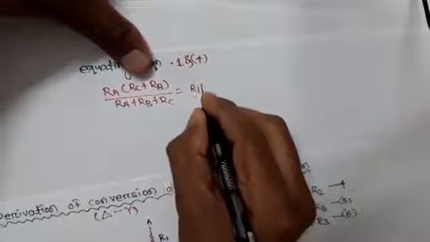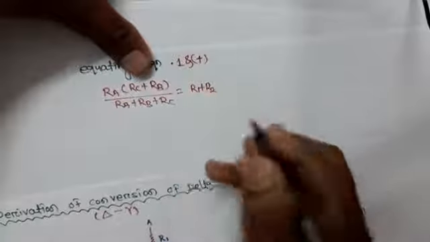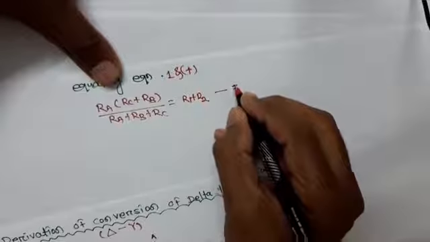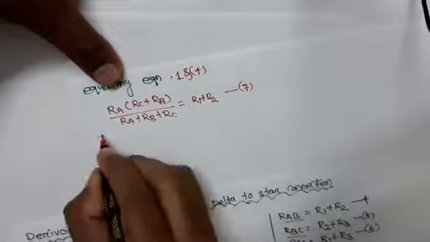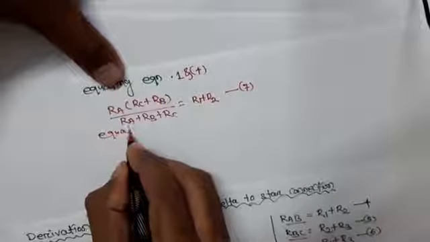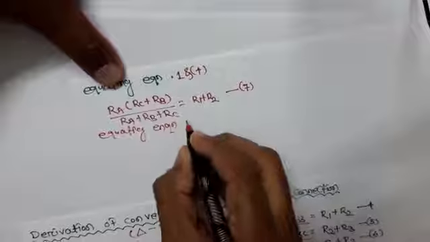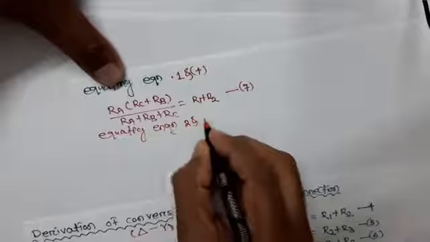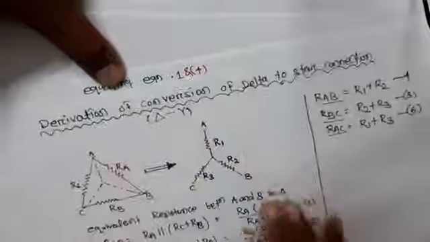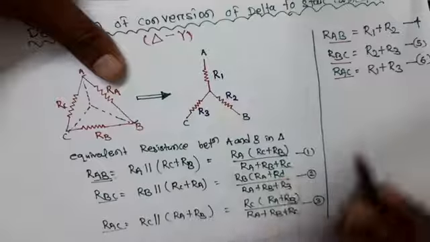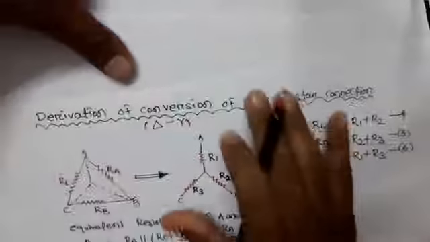Let this be equation number 7. Then equating equation number 2 and 5.